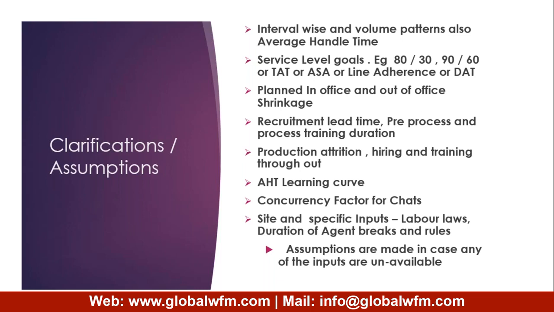And the last two more things is definitely, as if it is a chat or a message, we look at concurrency factors and how the actual planned concurrency compares with the real concurrency that we are going to achieve, right? So we might plan, in the sense we might adopt a two or three concurrency chat to any person, but in reality we cannot achieve that.